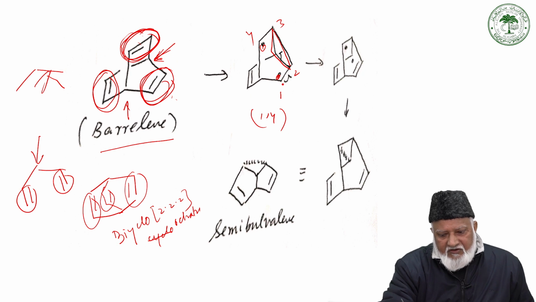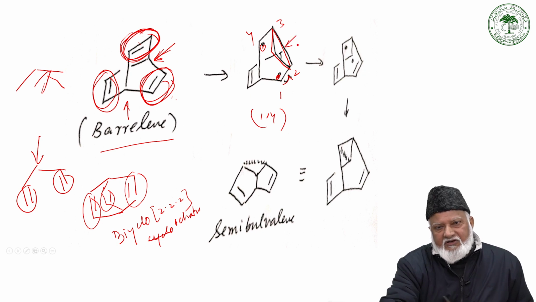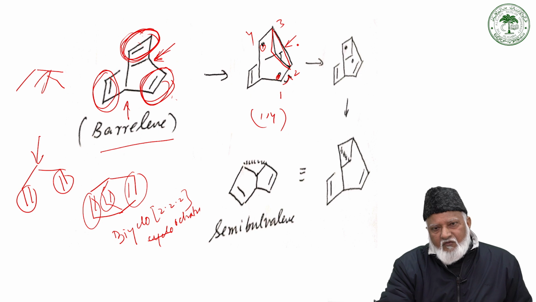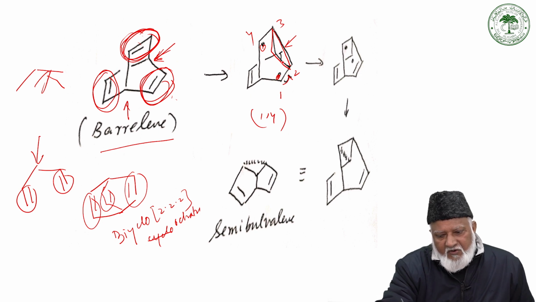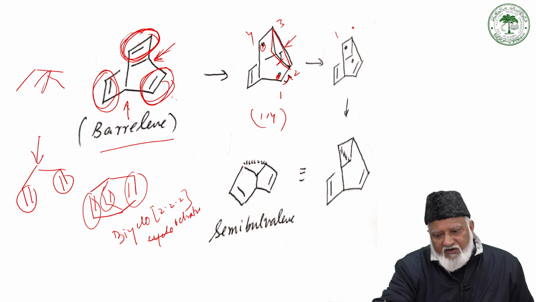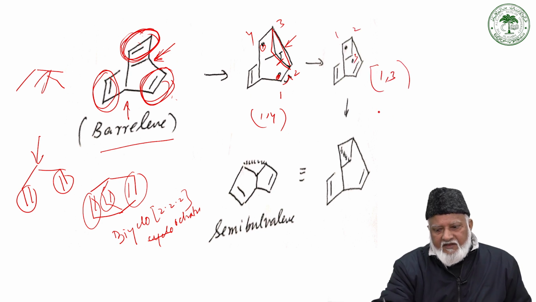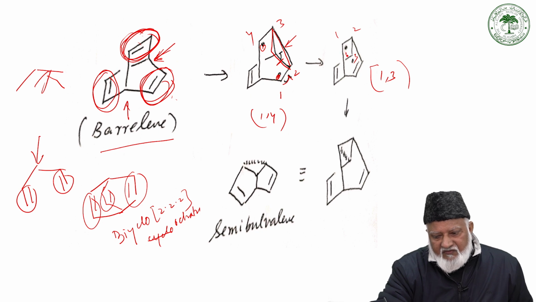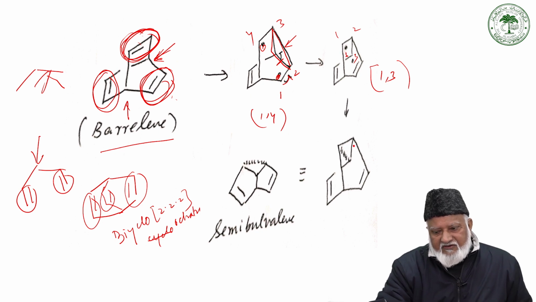The next step is the formation of a double bond and cleavage of the cyclopropane bond. You can form a double bond here, or you can form a double bond here. If you cleave this, you go back to your starting material. In order to go to the product, we form a double bond here, and there is a cleavage of this double bond to give you a 1,3 diradical species, and this diradical once again combines to give you a cyclopropane ring.